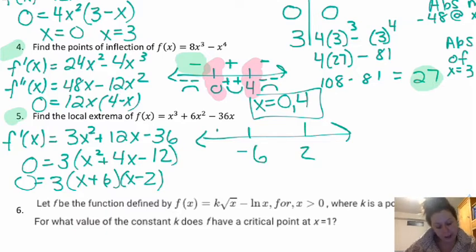Now, if you look at your behavior there, that's going to go positive, negative, positive. So right there, our derivative, f prime, is going from positive to negative. And so that's going to be a relative maximum. Here we're going from negative to positive, so that's going to be a relative minimum. But if it says find the local extrema, it's asking you for the y value.